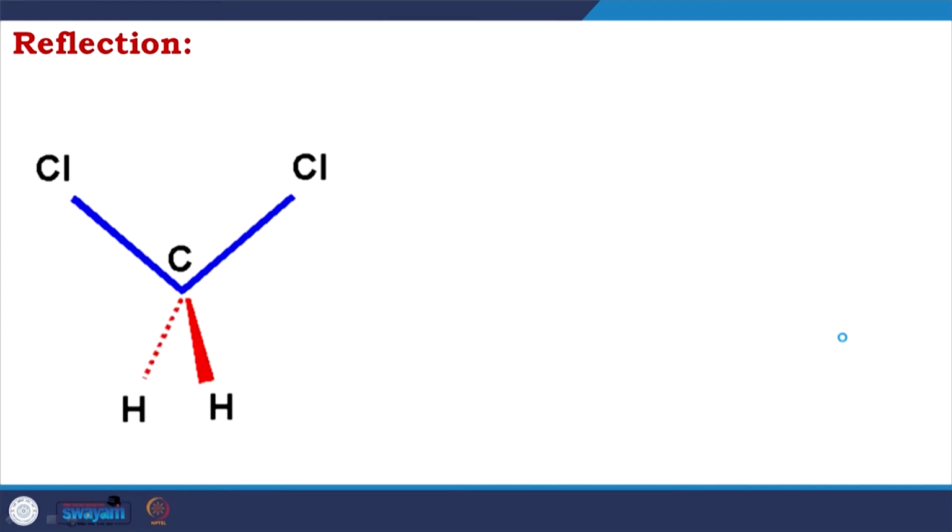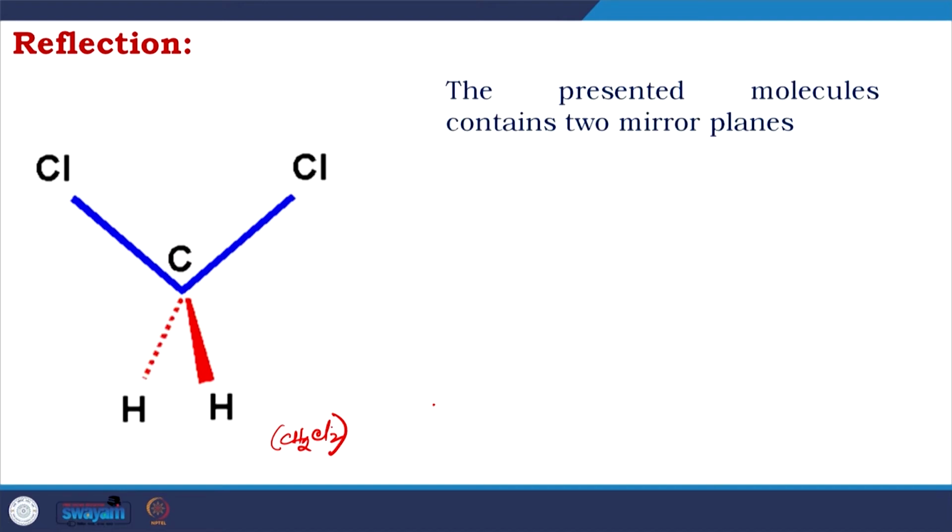Reflection, if you take a compound like this, remember I talked about these compounds, CH2Cl2. So, the presented molecule contains two mirror planes. See, if you have a symmetry like here, you will differentiate between this CCl and this CCl, but if you have it here, you differentiate CH with CH.